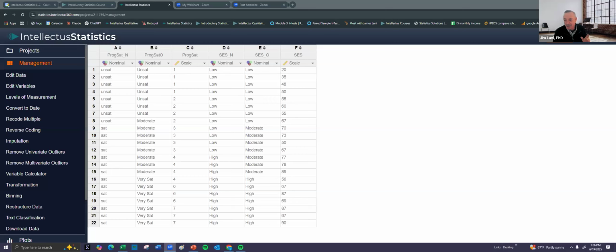So it would be useful to see what you have here. Satisfied, unsatisfied, just two labels. It seems like they could be ordered, but that would be nominal, just two labels.